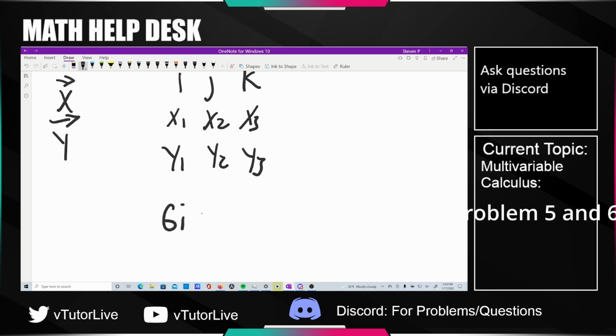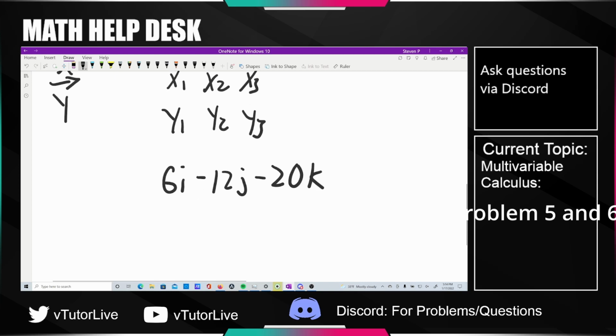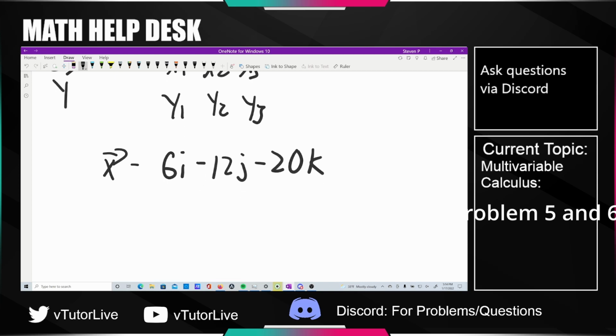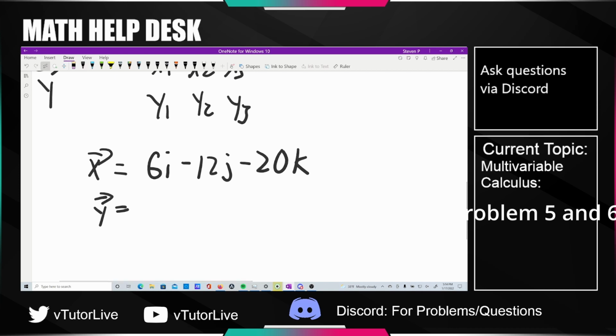I'm not going to go through the full computation, I'm just pulling out random numbers. For the vector x, I make it a vector of 6, comma negative 12, comma negative 20. Is that the methodology I'm approaching this with? Yes.